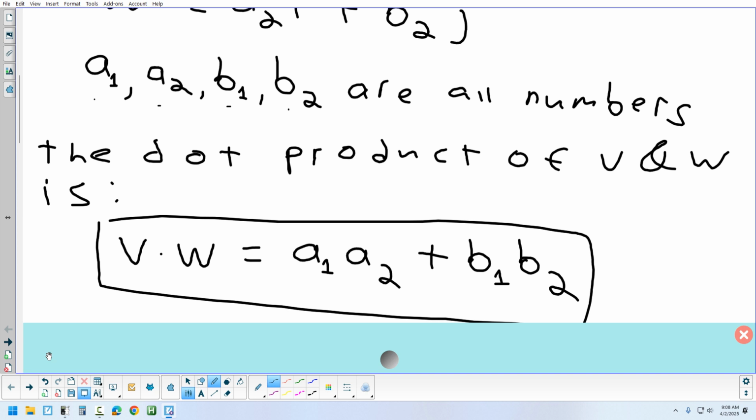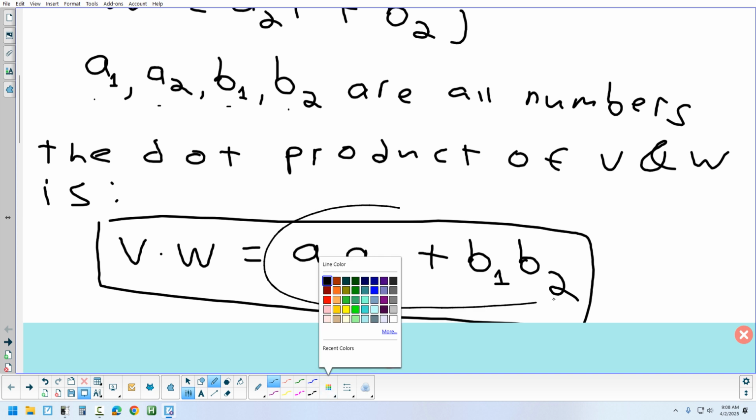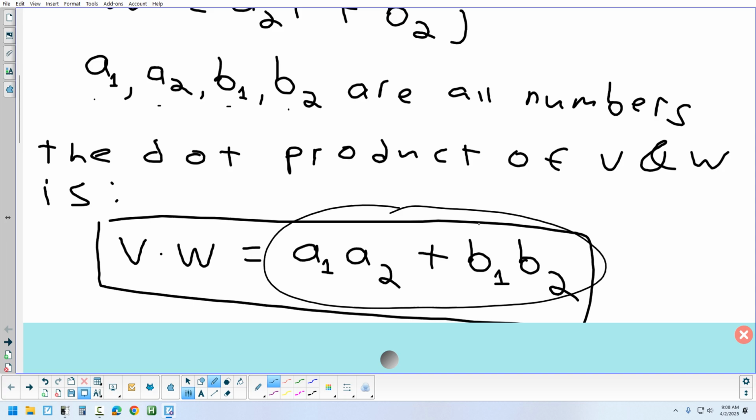So based on doing this calculation right there, what kind of answer do you think you're going to get when you do v dot w? A vector? No, we're not going to get a vector. A number, yes.